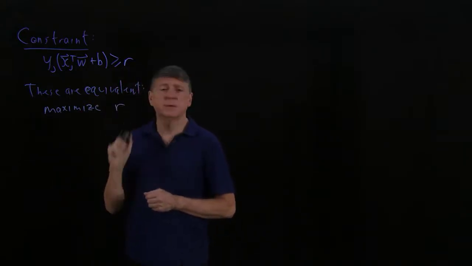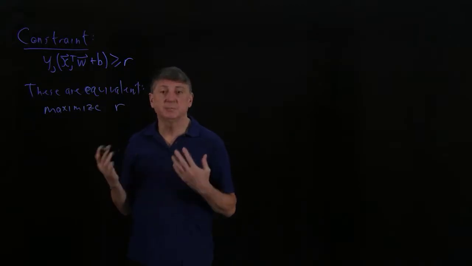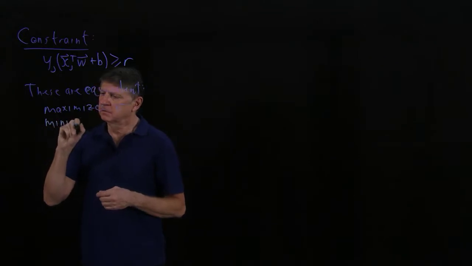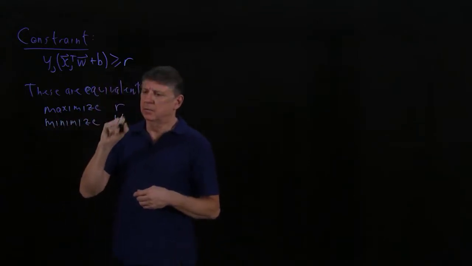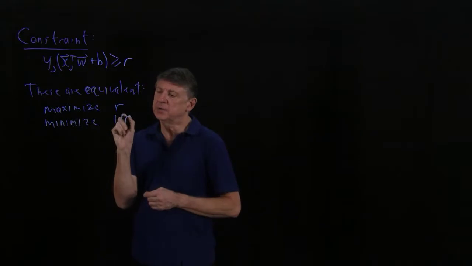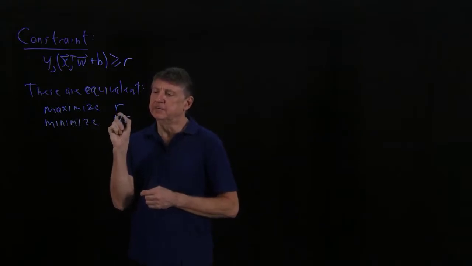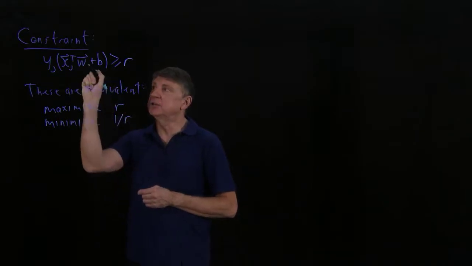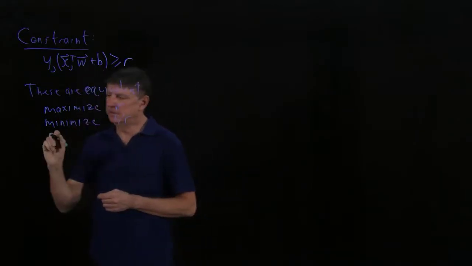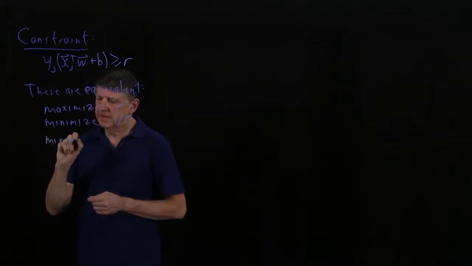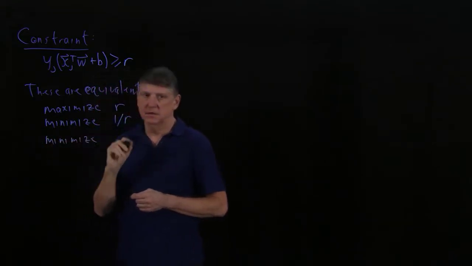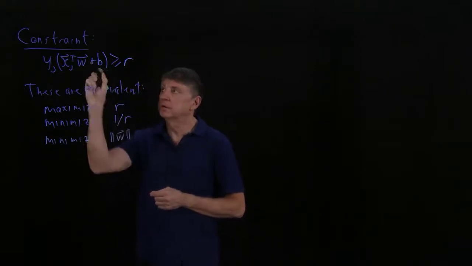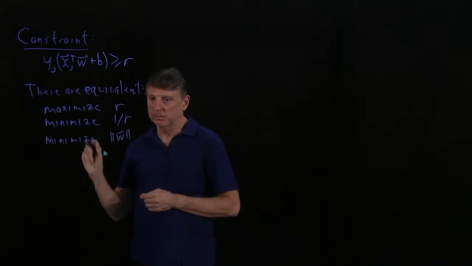Well, if I'm maximizing the margin, that would be the same as minimizing 1 over the margin. And because we defined the inverse of the margin as the length of the unconstrained normal vector, that is the same as trying to minimize the norm of the unconstrained normal.